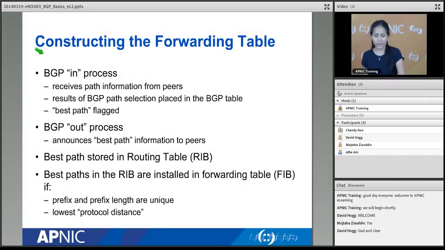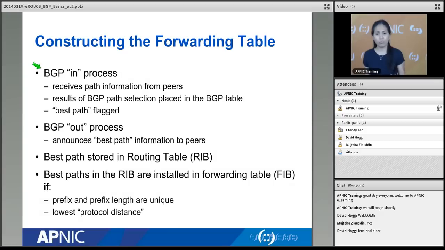Alright, so constructing the forwarding table typically works like this. You have a BGP in process and a BGP out process. For the BGP in process, the BGP speaking router will of course receive path information from all of its peers. BGP does the path selection process and then places it in the BGP table. So you actually have a lot of routing tables within your router.